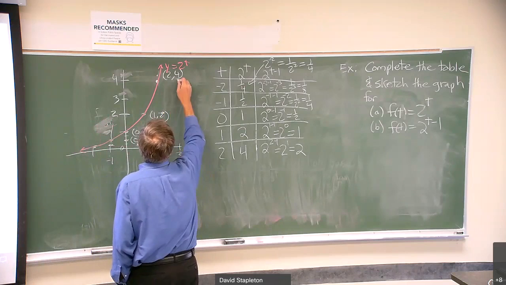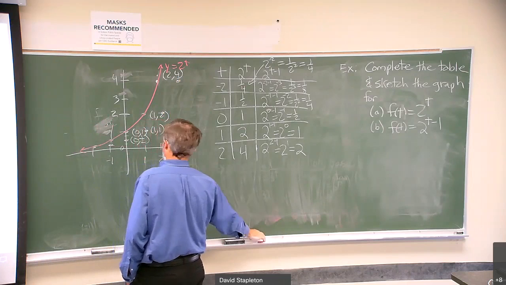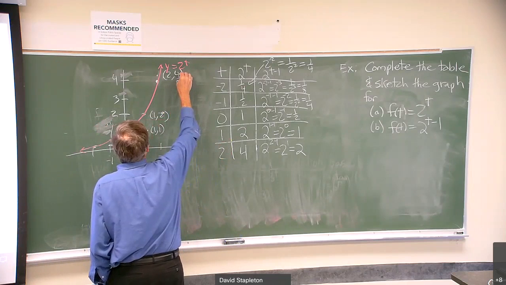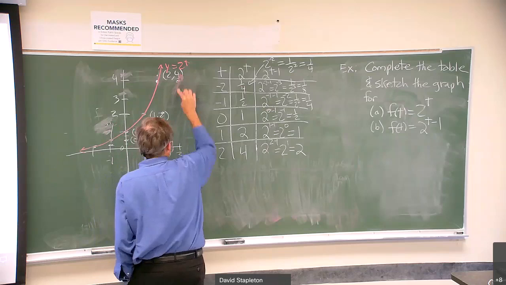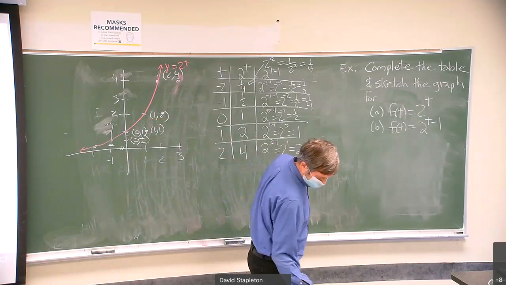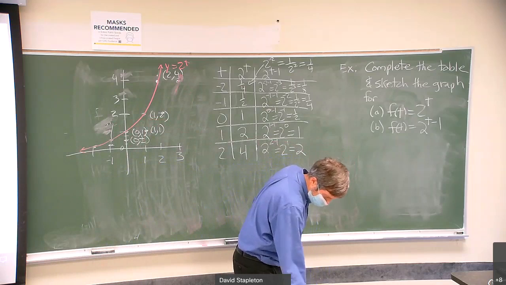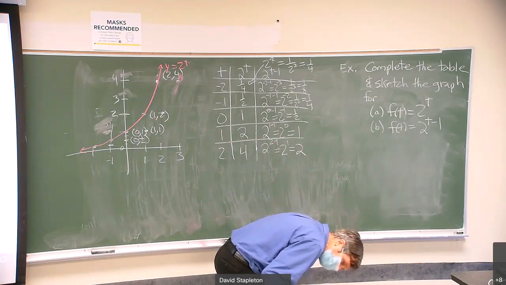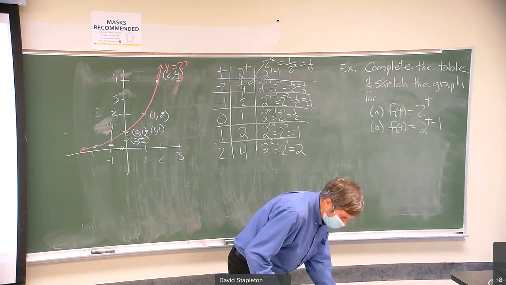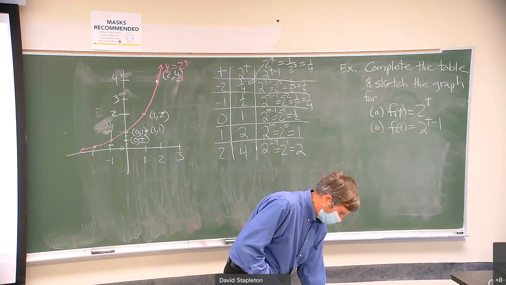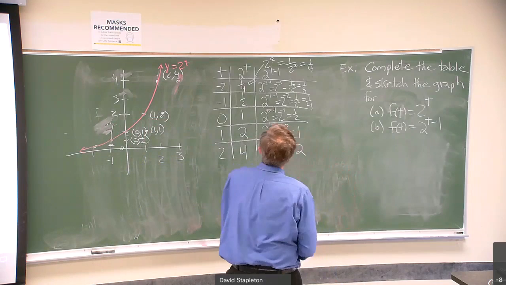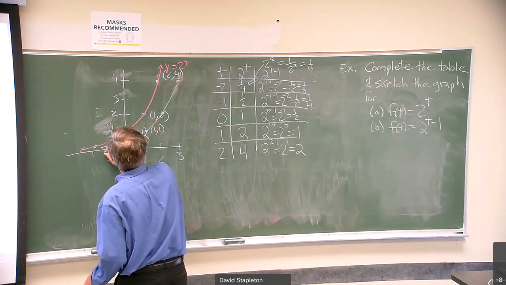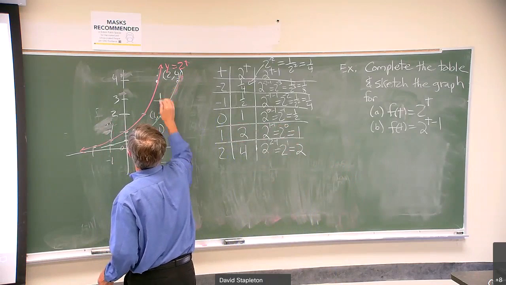And all I did was move this graph over 1 to the right. In fact, I didn't plot at 3, but I know it goes there. All of this is shifted over 1 unit to the right.